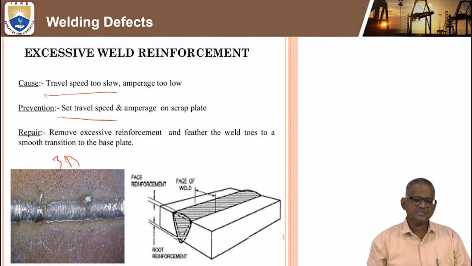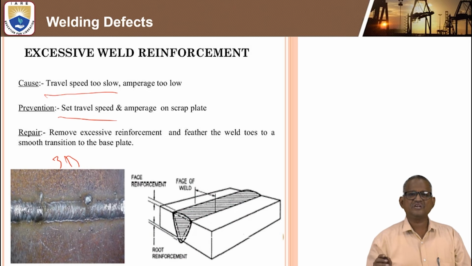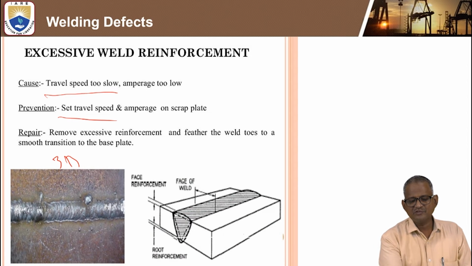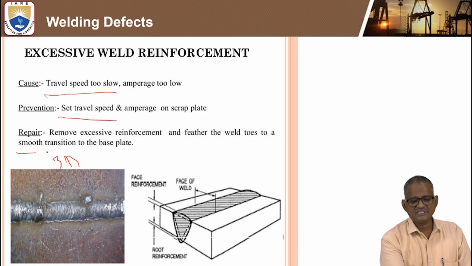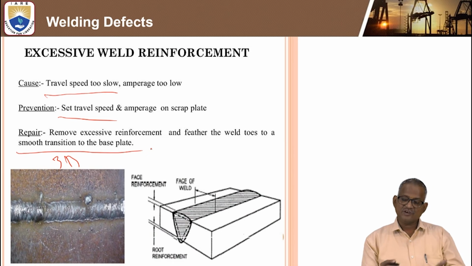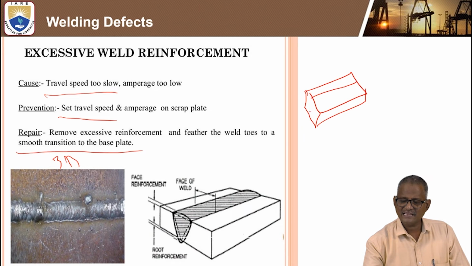So you should maintain proper travel speed, and amperage settings should be maintained. The repair should remove the excessive reinforcement and feather the weld to smooth the transition to the base plate. Whatever the surface plate, whenever you perform the welding, it should come out clearly, with no extra part.